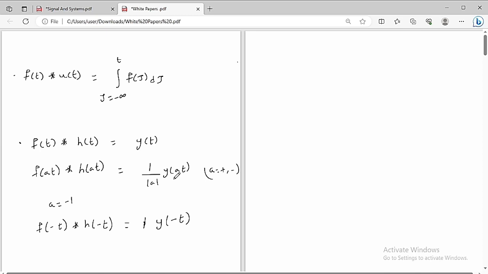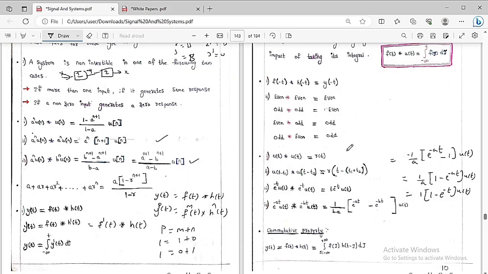In place of a, if we substitute minus 1, we get the relation for f of minus t convolution h of minus t, which is what I have written here.